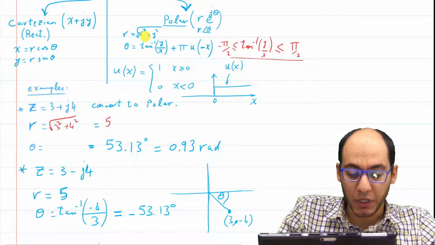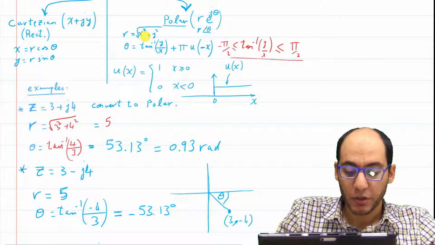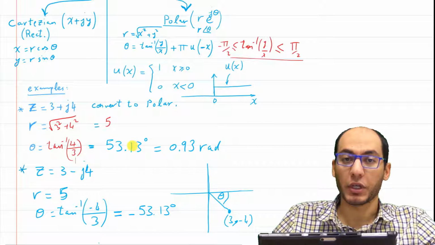And theta is equal to tan inverse of 4, which is the y, over 3, which is the x. That is 53.13 degrees if you do it on the calculator.